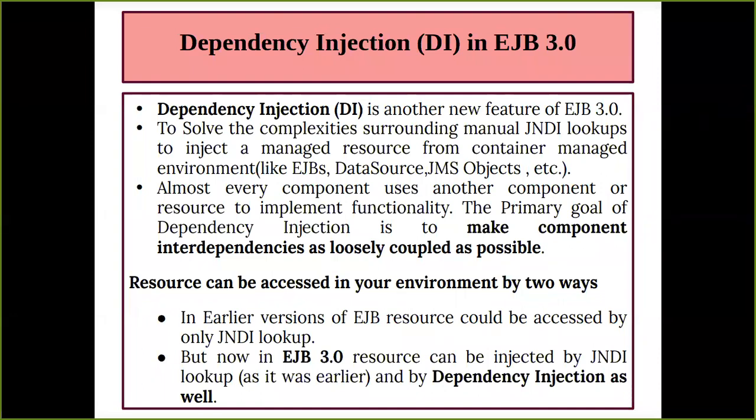That means they are not going to be dependent on each other, and this is going to reduce the complexity. It is not going to make use of manual references every time, or take access to the resources manually.